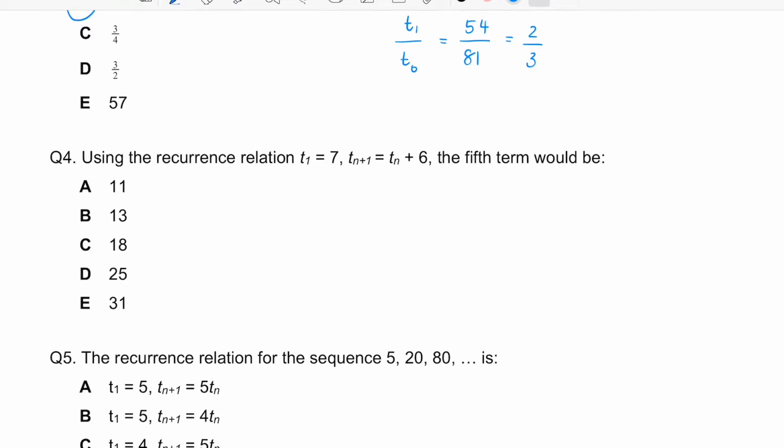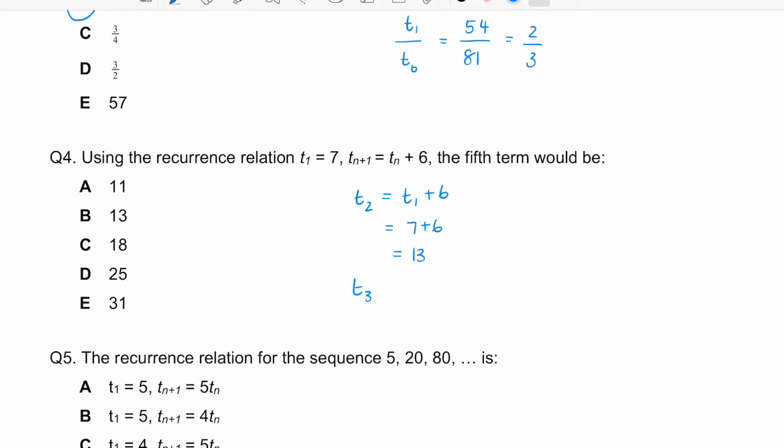Okay, so for question 4, using the recurrence relation, where T1 equals 7, and then the relation, the fifth term would be. Alright, so I'm just going to do this using the CAS calculator, or you can do it by hand as well. So if we start with T1, which was 7, then T2 would be found just doing T1 plus 6, which is 7 plus 6, which will be 13.